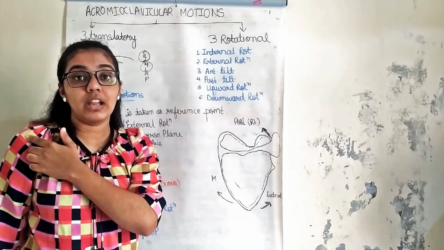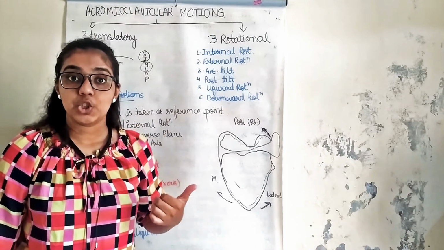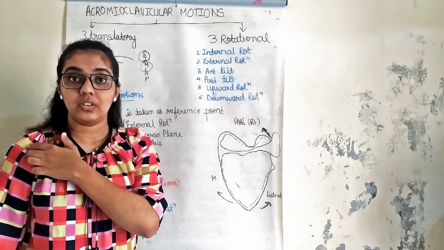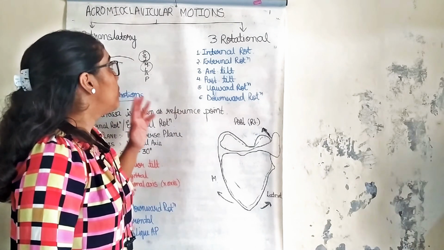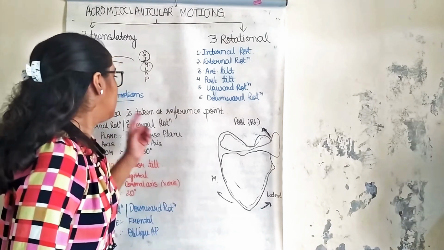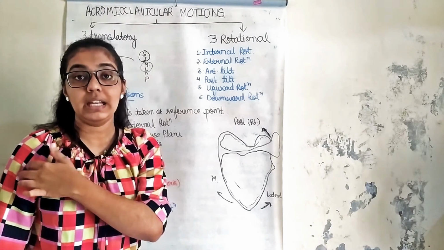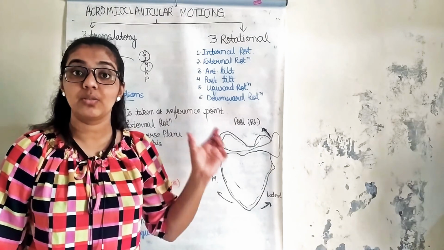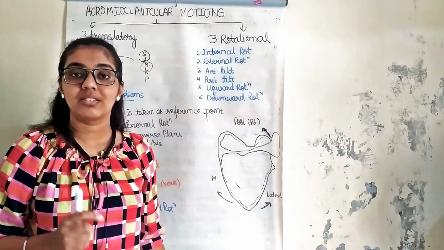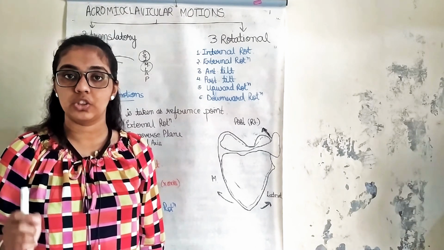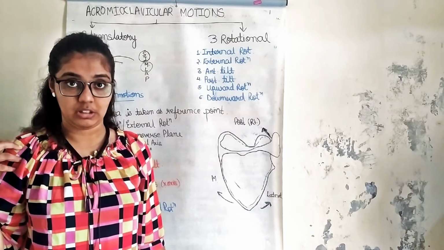If it moves downward, it is known as depression. But in the acromioclavicular motions, the glenoid fossa is taken as the reference point. So when we discuss the acromioclavicular joint motions, we will think about the movement of the glenoid fossa.